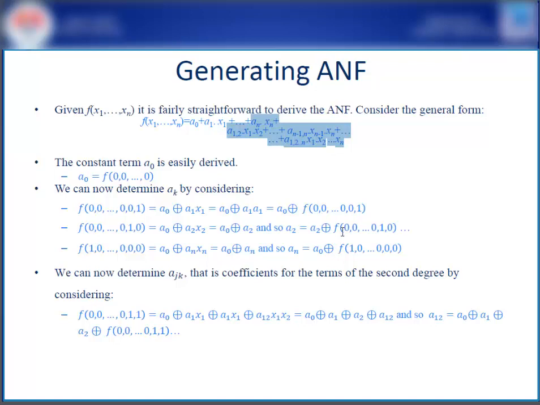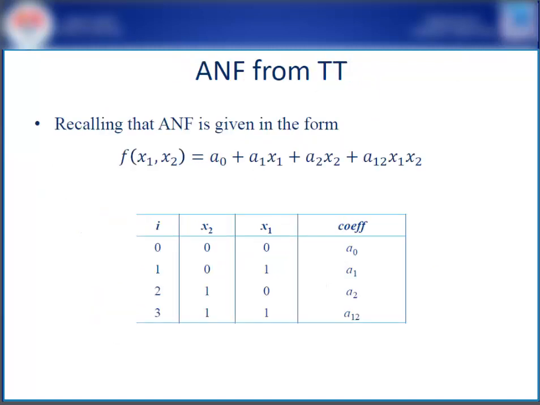After we compute the linear part of the equation, we can determine ajk coefficients, which are coefficients for the terms of the second degree. Thus, to calculate the algebraic normal form of a Boolean function, we need to calculate the corresponding coefficients a0, a1, and so on.